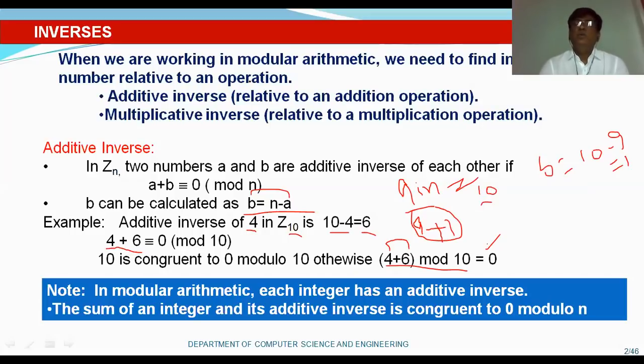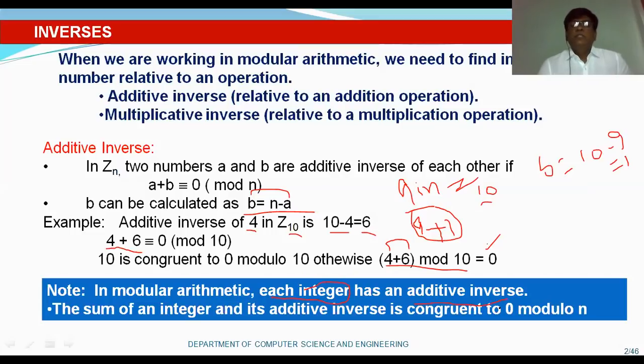For 0, the additive inverse is 0 only, because 10 mod 10 is 0. For 1, its additive inverse is 9. For 2, its additive inverse is 8. For 3, its additive inverse is 7. Like this, each integer has an additive inverse.